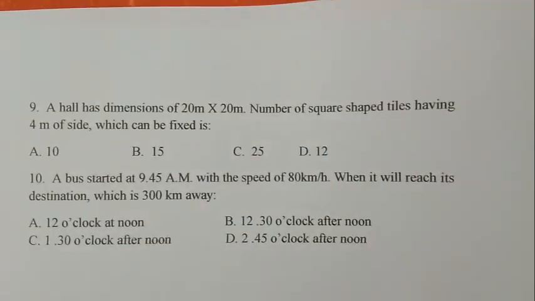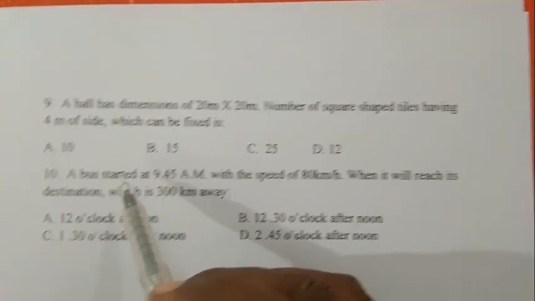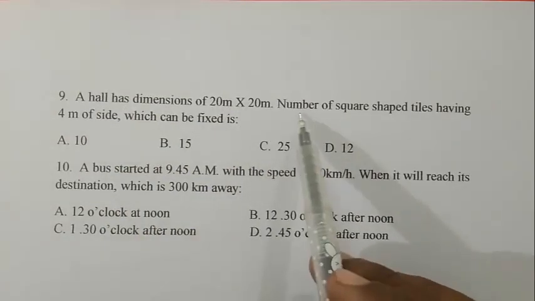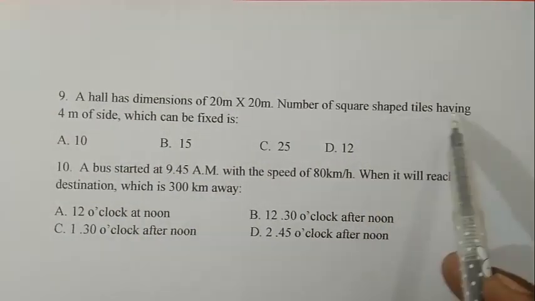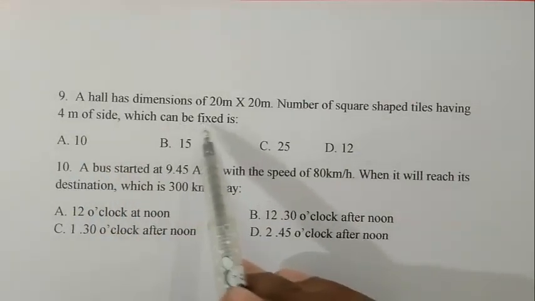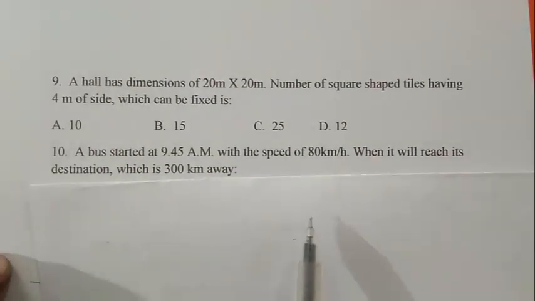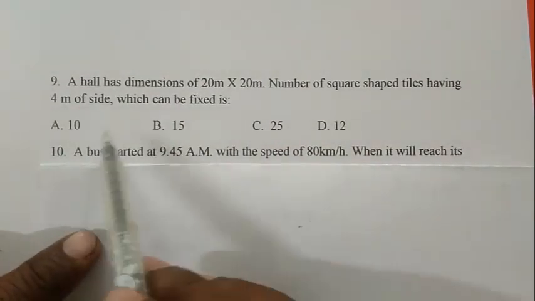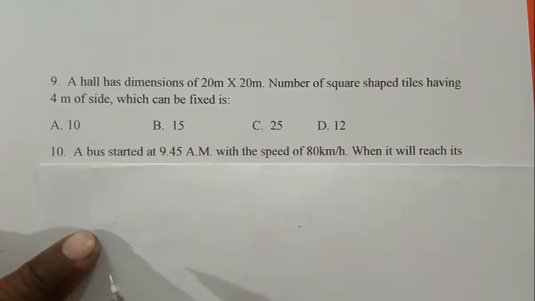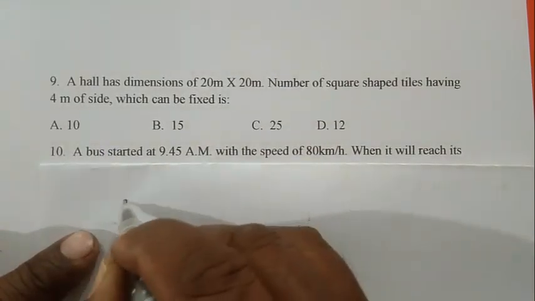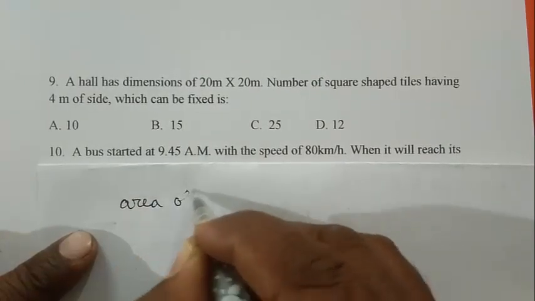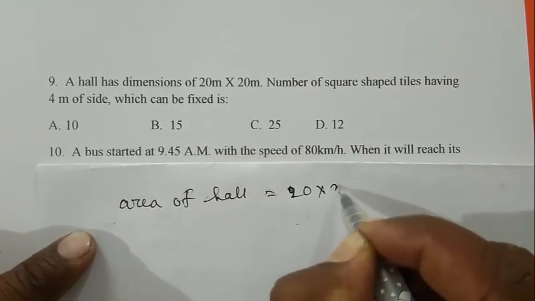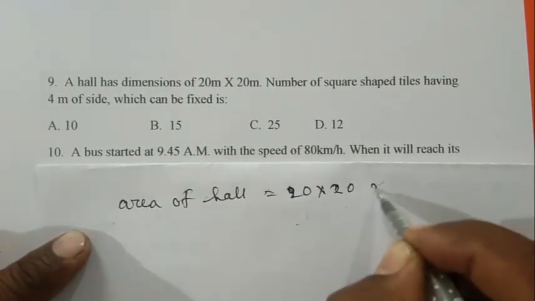Question number 9. A hall has dimensions of 20 meters by 20 meters. The number of square-shaped tiles having 4 meters of side which can be fixed is? First we calculate the area of the hall. After that we calculate the area of a tile and divide. Area of hall is 20 meter into 20, that is meter square.